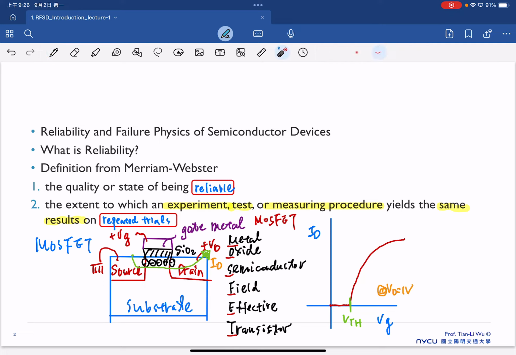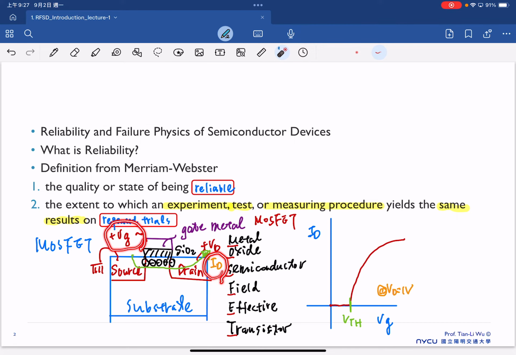This is a typical MOSFET structure. We will only consider applying the bias in the gate region and also in the drain region. To simplify the case, first we consider a constant drain bias, just like here. Therefore, we are interested in the current ID versus the gate voltage.